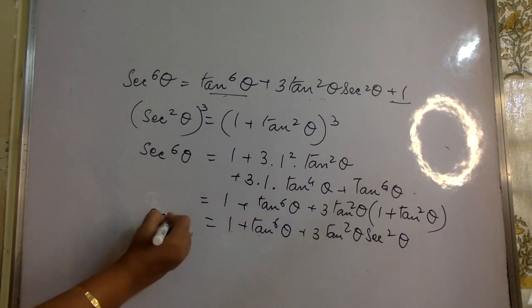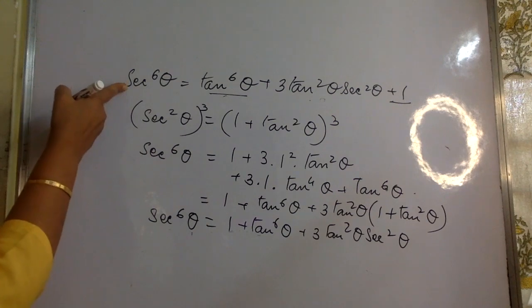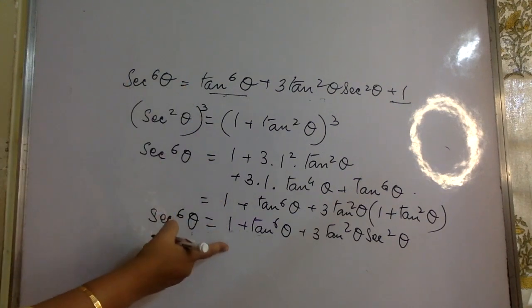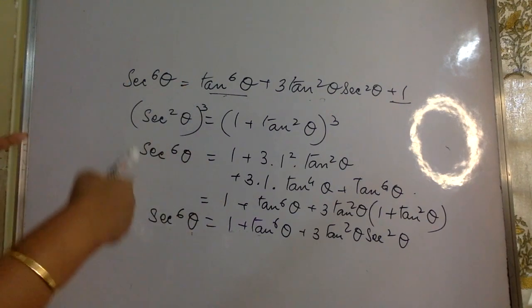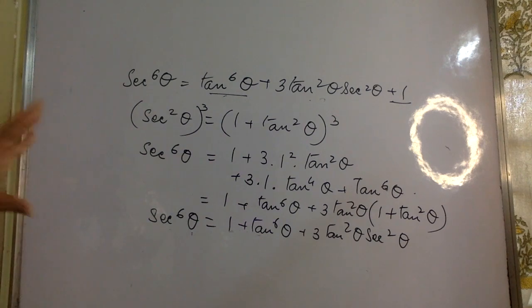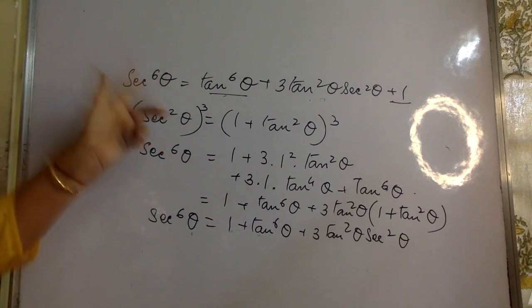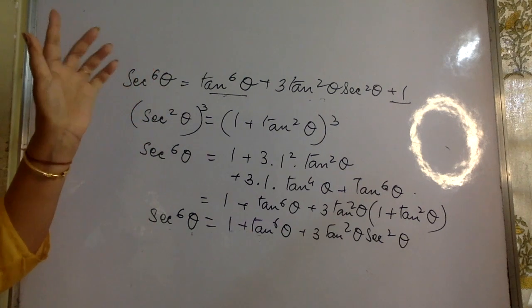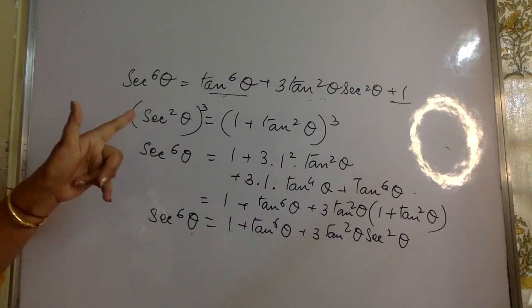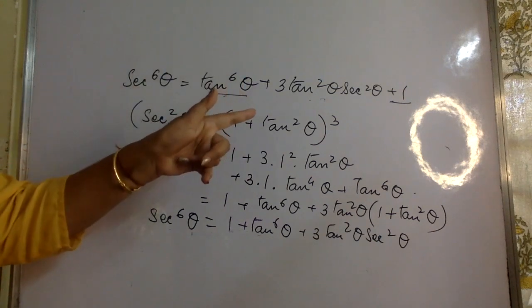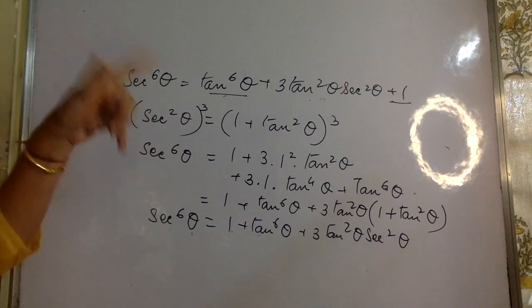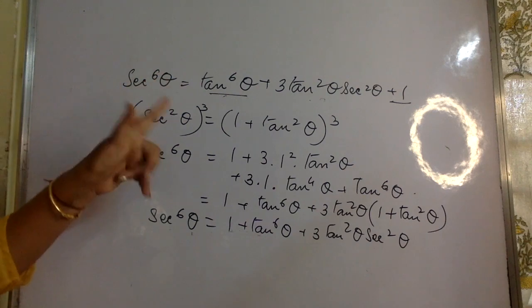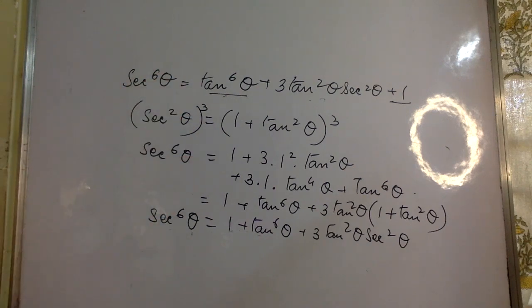That is equal to this. So we have got the asked expression by cubing both sides. You just have to observe the sum a little bit. How can I convert sec to tan? This is the only formula which can convert sec to tan, because that side is all tan. And how can I get sec to the power 6? If sec square is cubed, I get sec to the power 6.